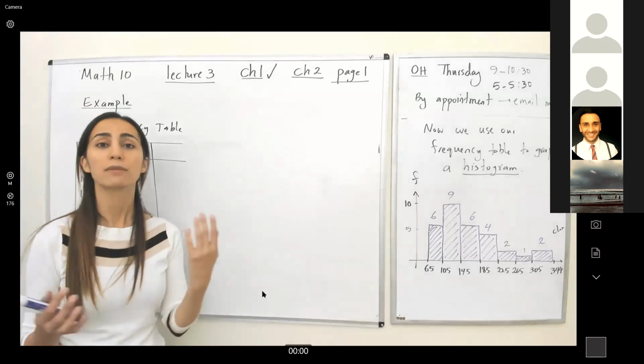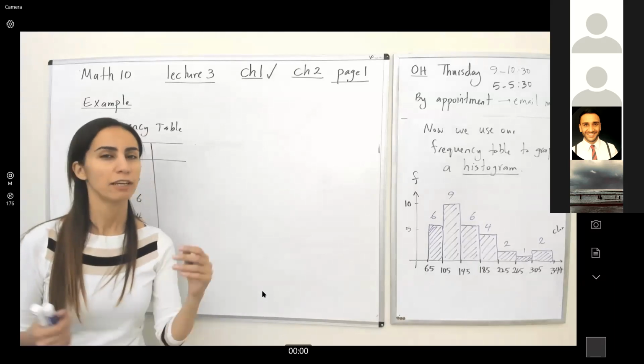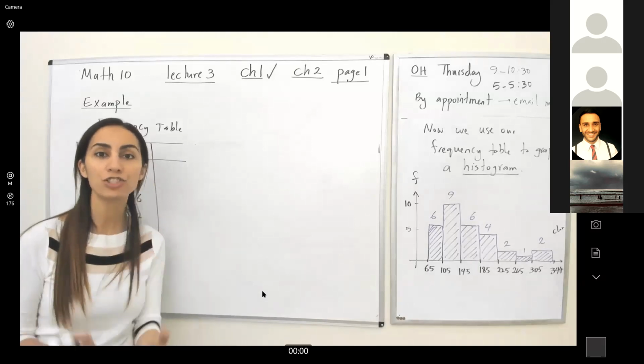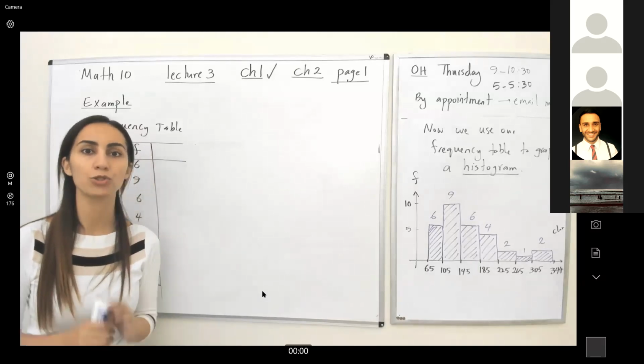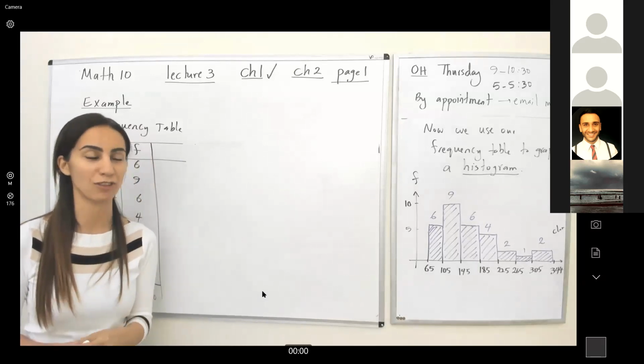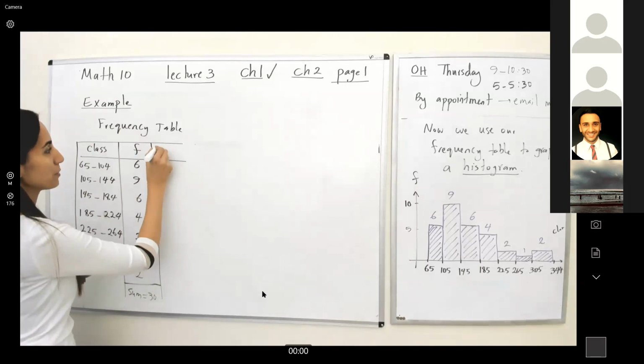Well, we can add more information to our frequency table. We can find the midpoint or middle point of each class. Also, we use those numbers as representative of each class. So, midpoint.